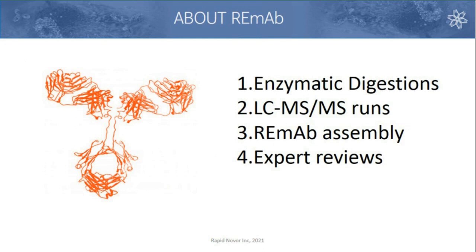We can then load those digests into the LC-MS system and acquire mass spectra. We can then perform the REMAB peptide sequencing and then a subsequent assembly into the full-length antibody or protein of interest. And then, of course, our expert bioinformaticians will review that data and ensure 100% accuracy in terms of the protein of interest.